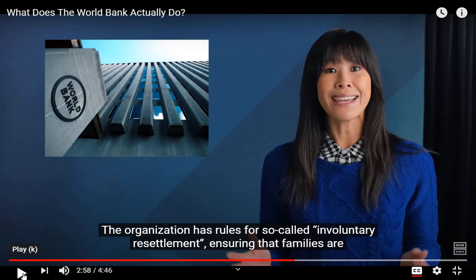So when you see millions of people become refugees because of money that the World Bank and the IMF have lent, you can see why people would start questioning if these institutions really are good.